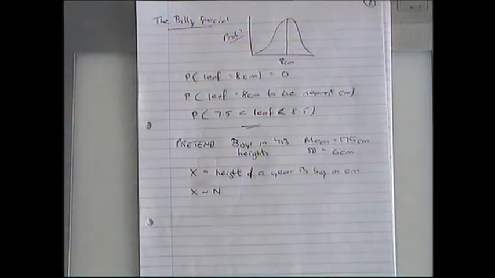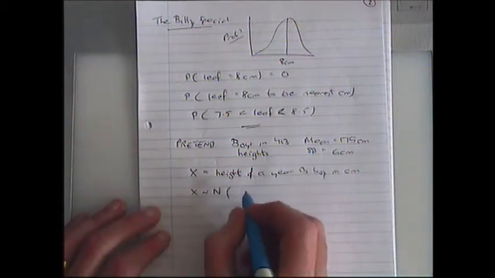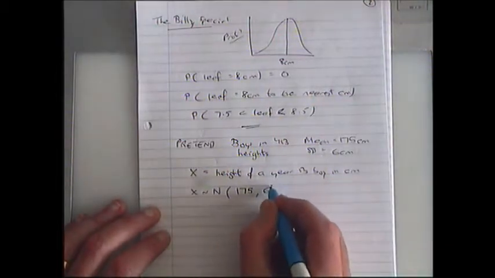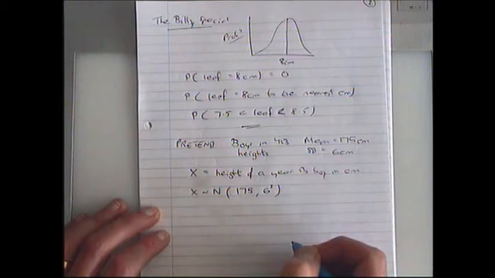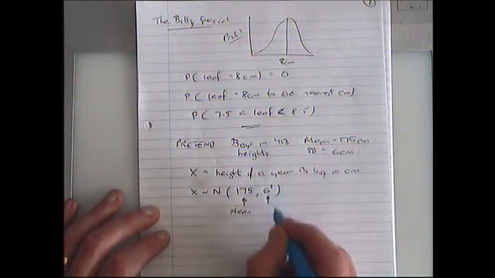With the Poisson, we had PO, then a bracket with lambda. For the normal distribution, what goes in is the mean and the variance, not the standard deviation. The first number is the mean, the second number is the variance.